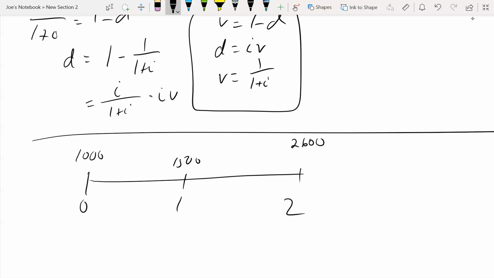Me personally, I would probably do the accumulated value, because if the problem says $1,000 now, $1,500 in a year, gives me 2,600 at the end, right? So I would probably do accumulated values and set those equal, because the right-hand side, all I would need to write is 2,600, right? Do you agree with that?